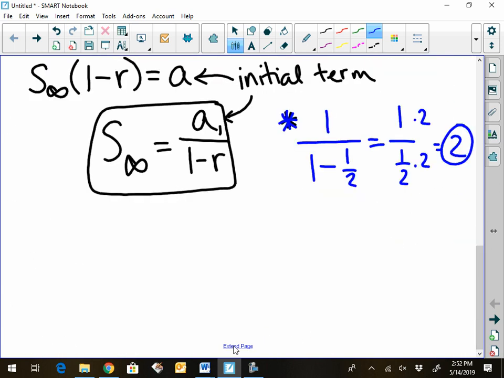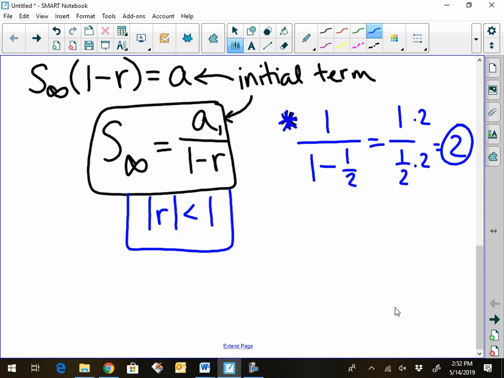No, because it would continue to grow. So this works only when the absolute value of r is less than 1. Okay, so it has to follow that condition. If it doesn't, then it continues on. So if it doesn't, you are not able to find the infinite sum of a geometric series.